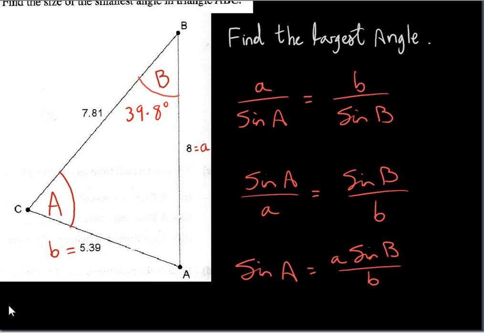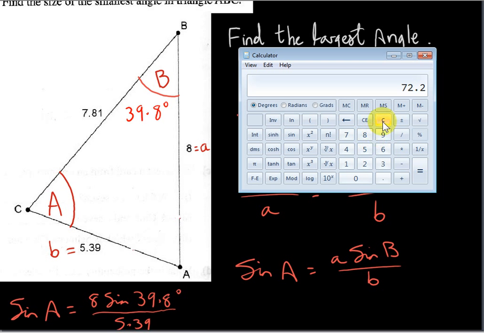Now let's just fill in for this. So we see that the sine of A is 8 sine 39.8 degrees divided by 5.39. Right, so we have to get the sine of 39.8, multiply it by 8 and divide this by 5.39.